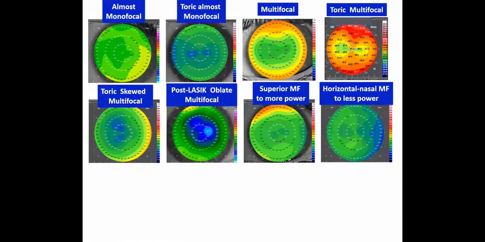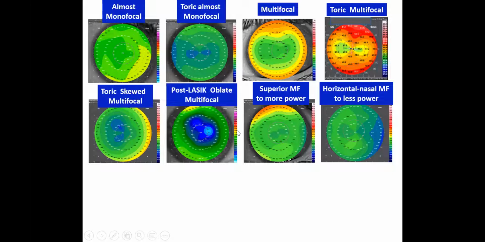But very, very interesting, very recently we began to describe the total corneal power maps. And we have different kinds of total corneal power maps, which are very, very useful.